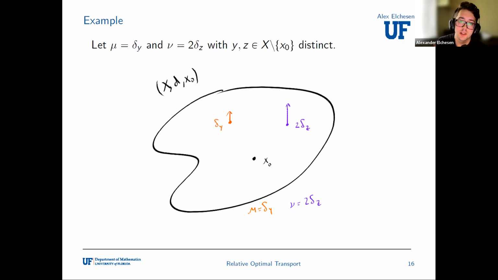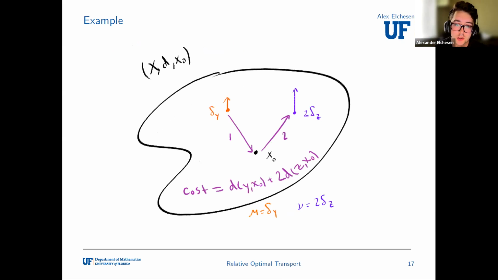What would be a matching here? Well, one way of doing this would be to send the 1 unit of mass at y to the base point, and then borrow the 2 units of mass from the base point and send those to z. The cost of this would be the distance from y to the base point plus 2 times the distance from z to the base point.